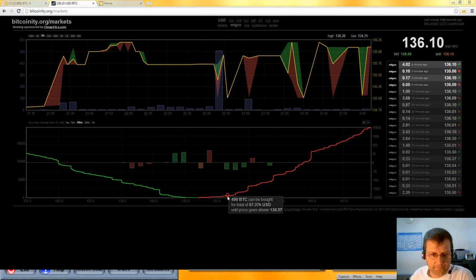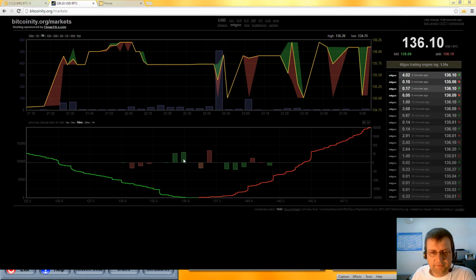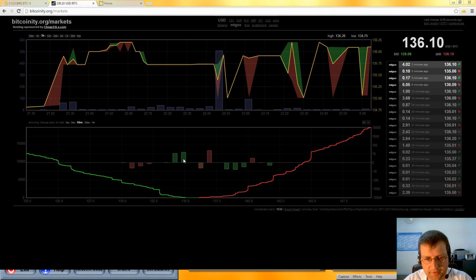But you can use these bars to guess what will happen in the future. But at the moment it's not very clear, because these bars are kind of small ones, so only small market changes are happening at the moment.